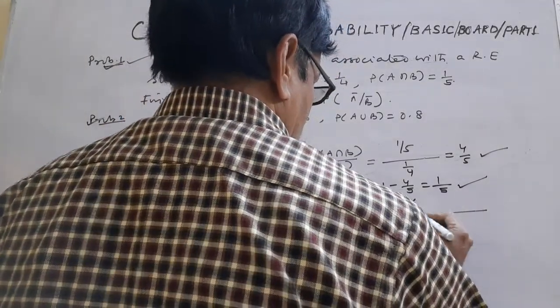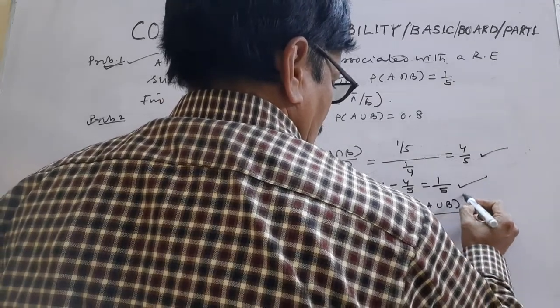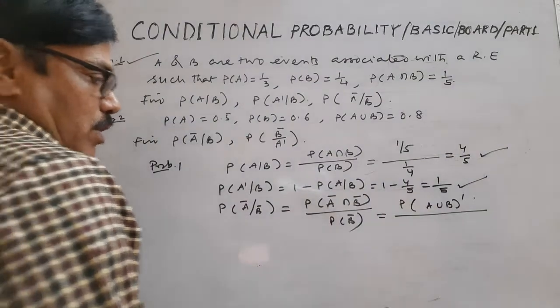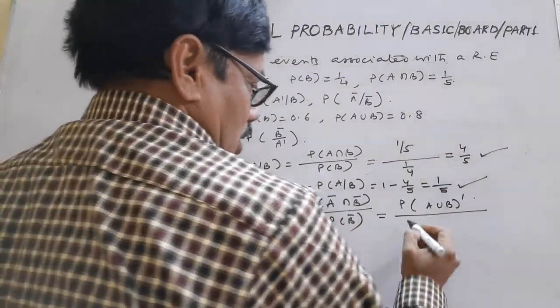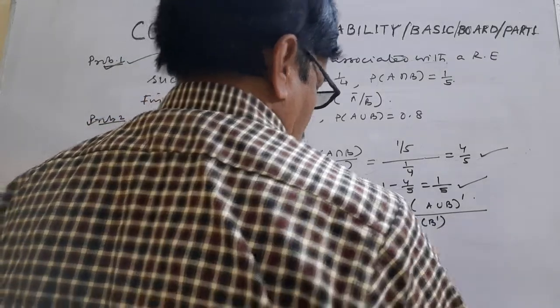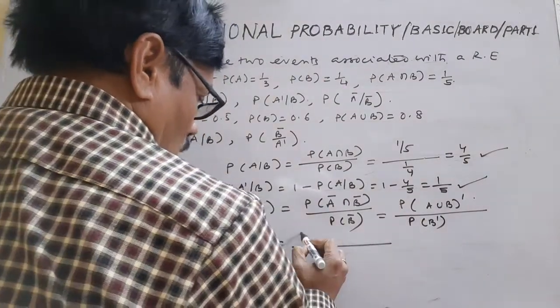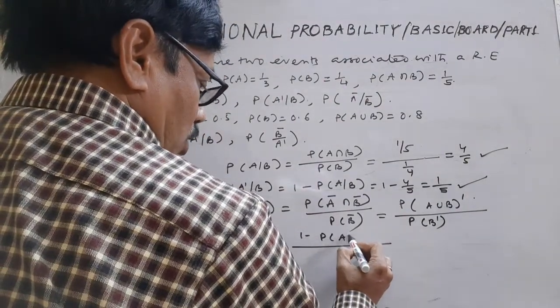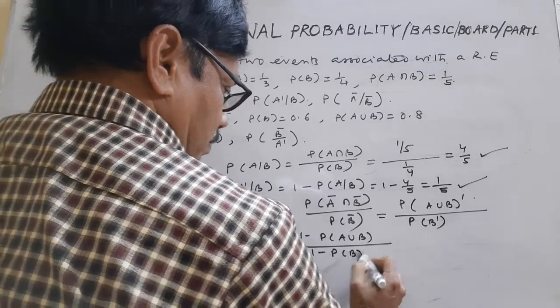So this is P((A union B)'). (A union B)' equals A' intersection B'. So this is P(B'), or 1 minus P(B), same symbol. Now the numerator is 1 minus P(A union B), and the denominator is 1 minus P(B).